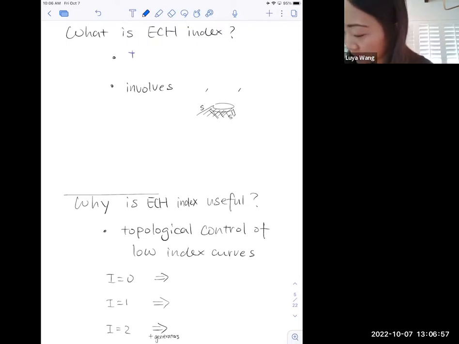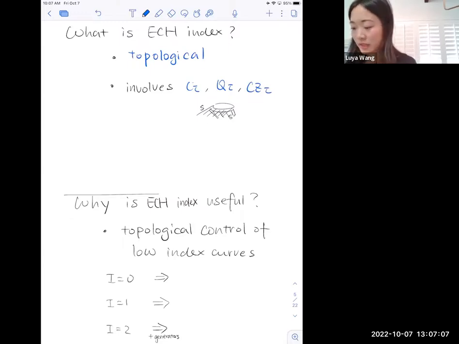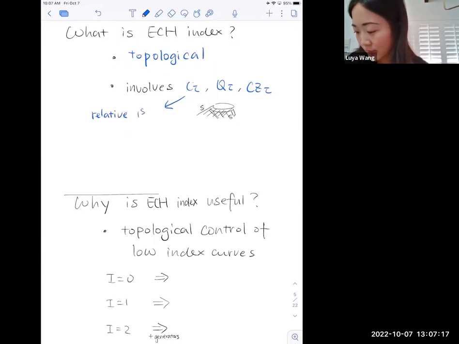So this is a topological index. And it involves the terms c_tau, Q_tau, CZ_tau. So I fix a trivialization tau of the contact structure over the Reeb orbits. I can always do that. And the c_tau is a relative first Chern class.